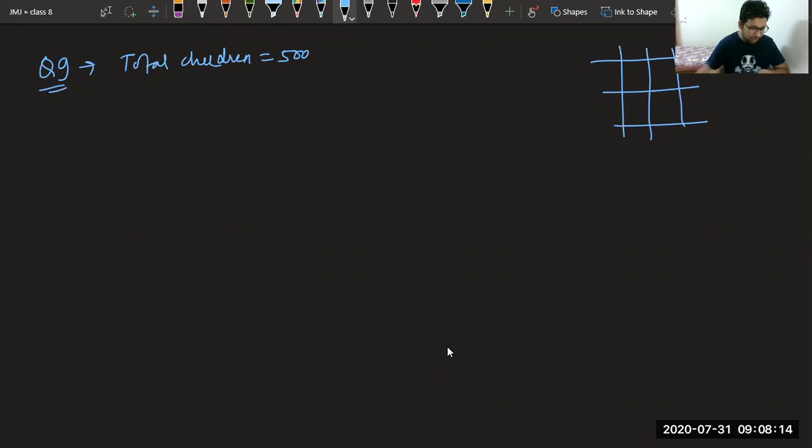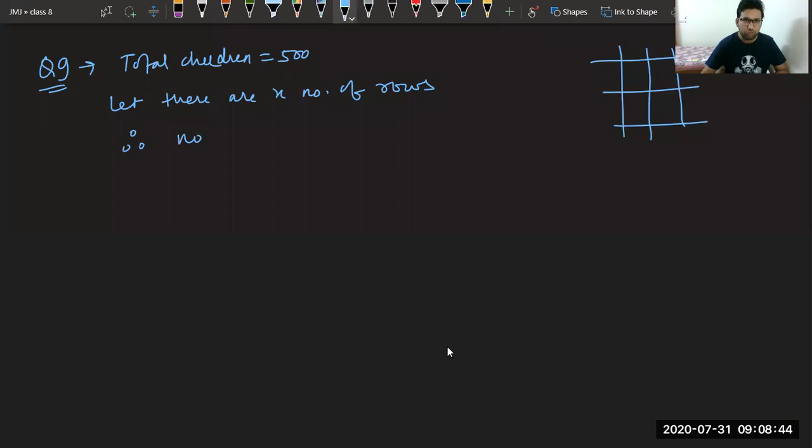So let us take, let there be x number of rows. If there are x number of rows, then how many columns are there, all of you? If the PT teacher, suppose Anurag sir or Vijay sir, is making you stand in x number of rows, he will make you stand in x number of columns also.